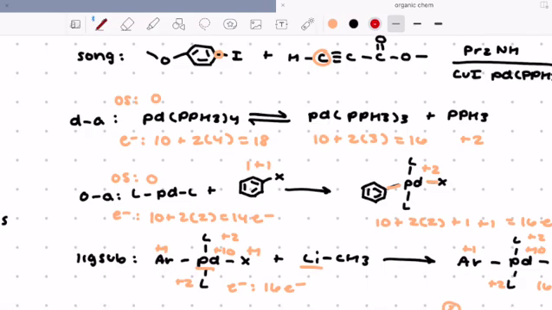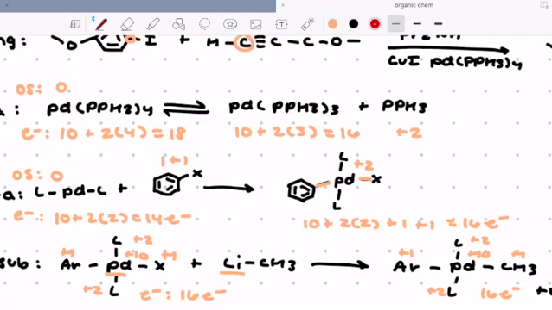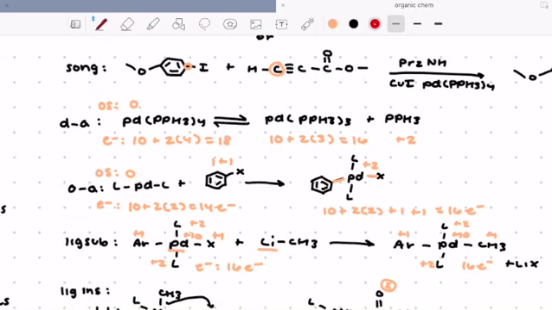So palladium is 10. The PPh3 is going to be 2. So that's 4 times PPh3. So we have a total of 18 electrons. However, if we remove a PPh3, it becomes 16 here and 2 here. So we can see that the number of electrons in that compound will change with the removal of PPh3, which was a ligand.